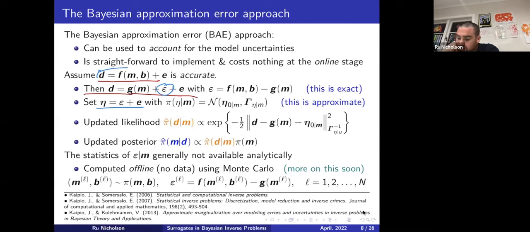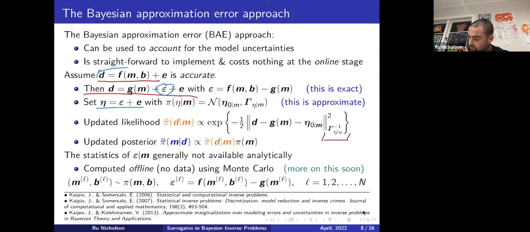The approximation at this point is generally made such that we approximate the conditional distribution of the total errors given the parameters as Gaussian. Right? And as such, as we've discussed, the likelihood inherits the noise of the errors. So incorporating these model errors updates the likelihood. Again, you can see that it's of exactly the same form.